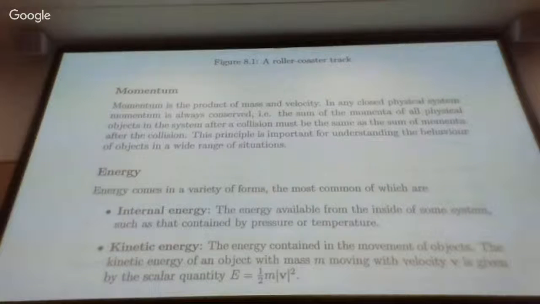Now, if it's just one-dimensional motion, then the momentum would be a scalar quantity. But if you're using a vector description for a movement in 2 or 3 dimensions, then the momentum will become a vector quantity, the scalar product of the mass with the velocity vector.